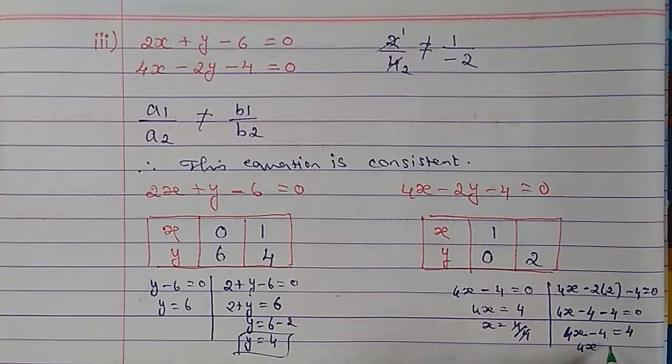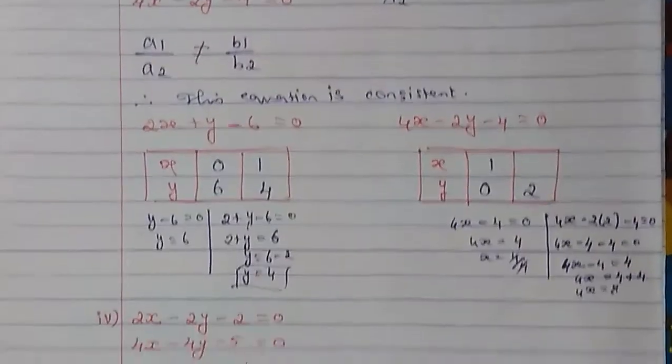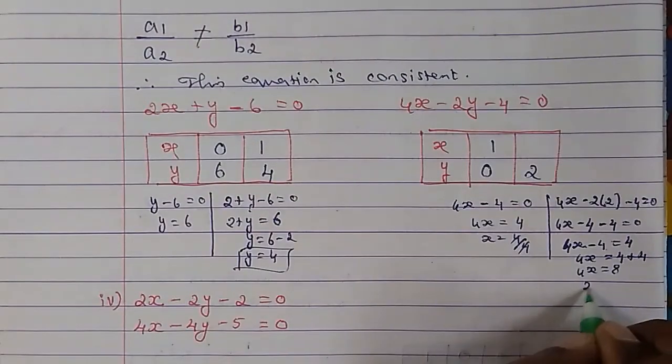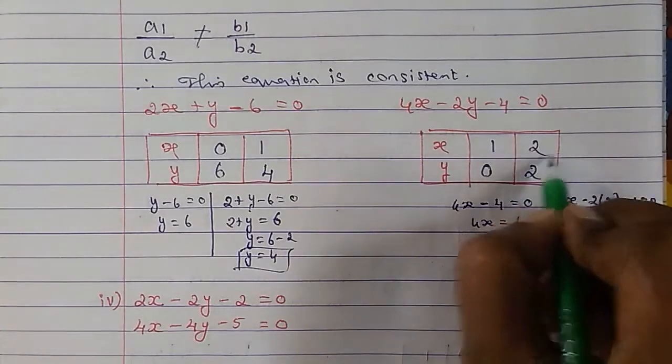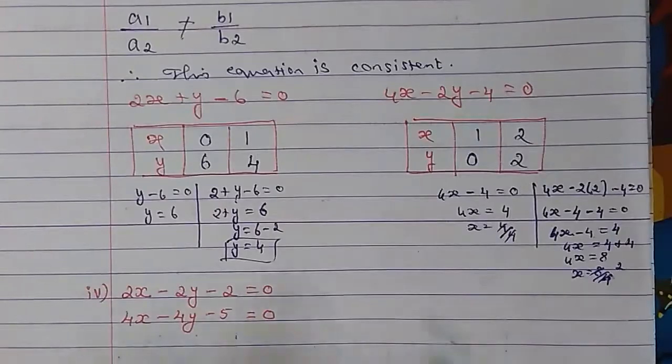Then 4x equal to 4 plus 4, so that means we get 4x equal to 8. So x equal to 8 divided by 4, 2 times we'll get. So the x value will be 2. So we got the 2 solutions.